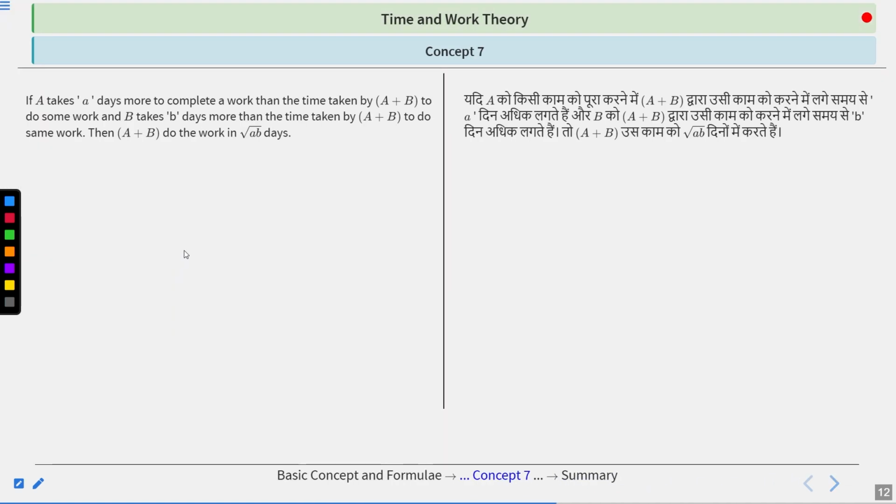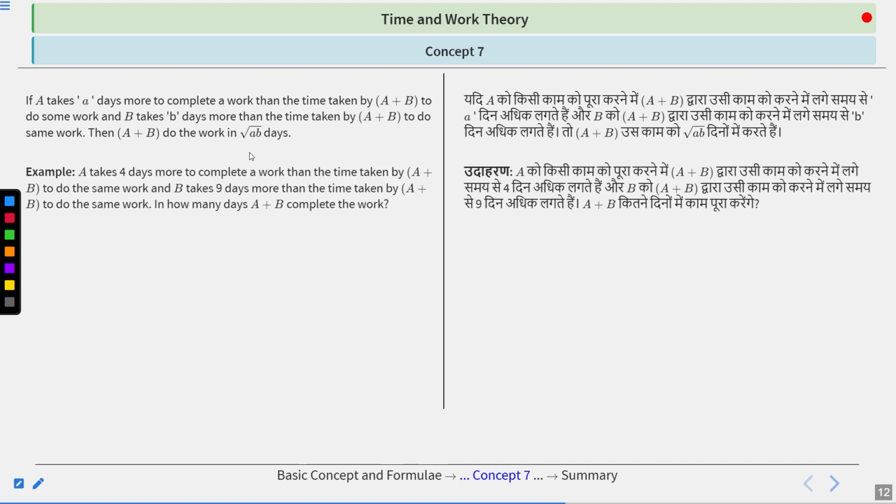Concept 7. If A takes A days more to complete a work than the time taken by A plus B to do the same work, and B takes B days more than the time taken by A plus B to do the same work, then A plus B can do the same work in under root A into B days.